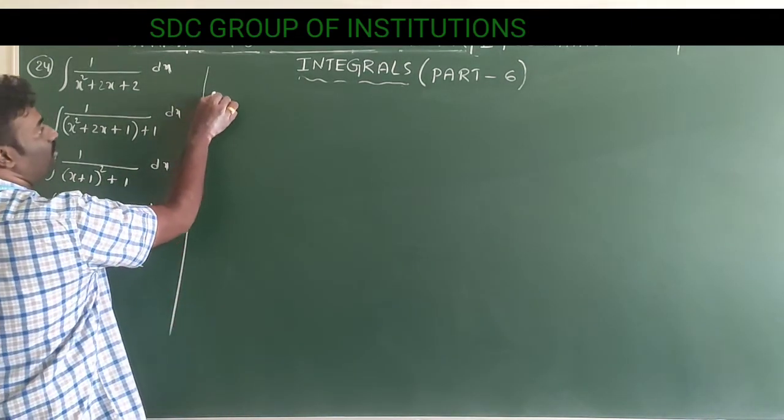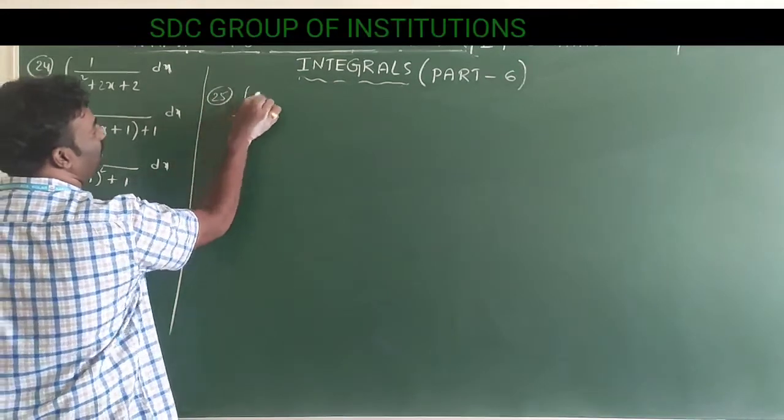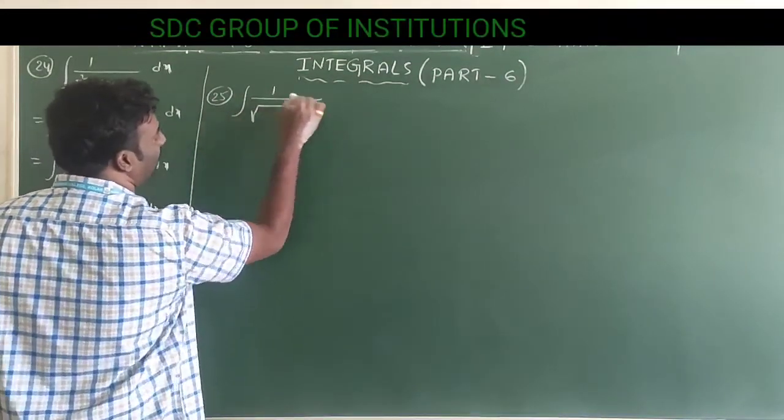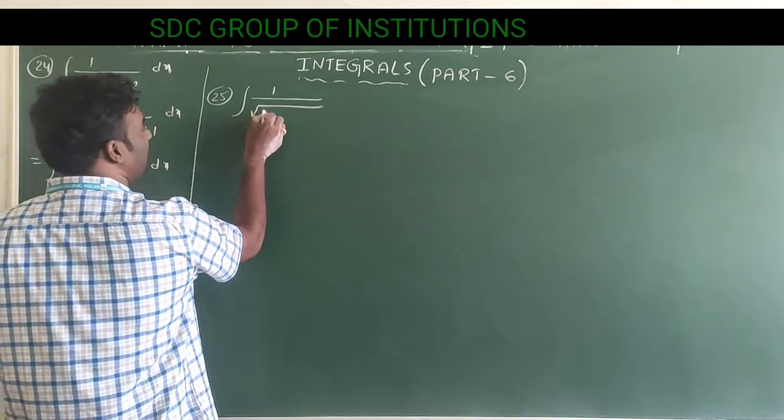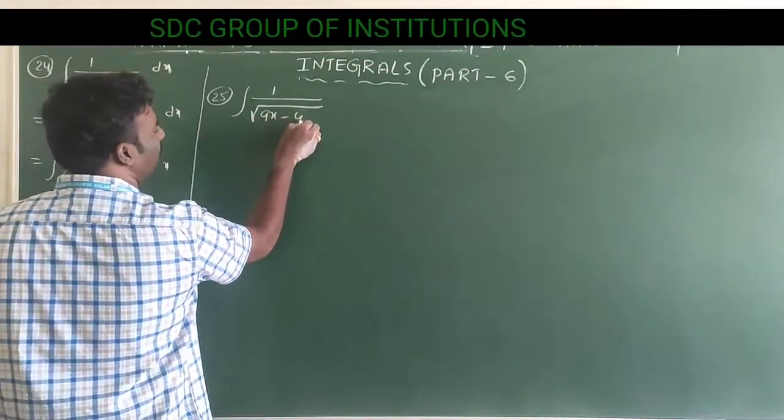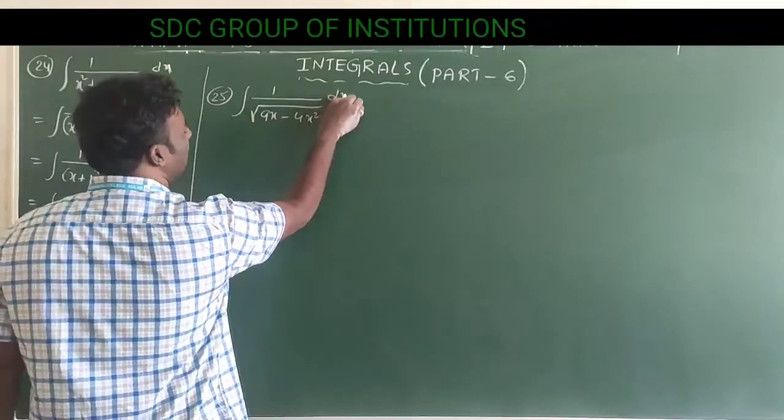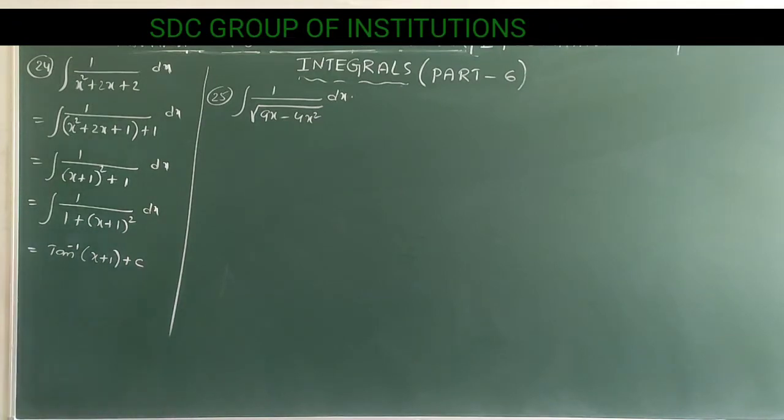Next, the 25th question is type 2. Integral 1 by under root of 9x minus 4x square dx.